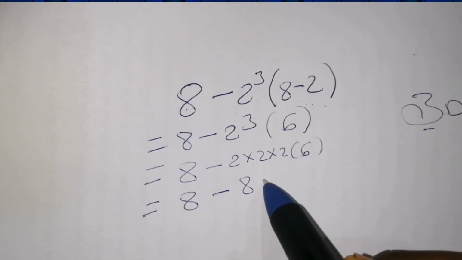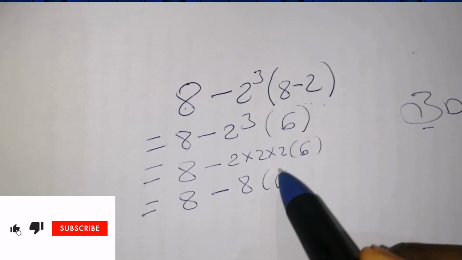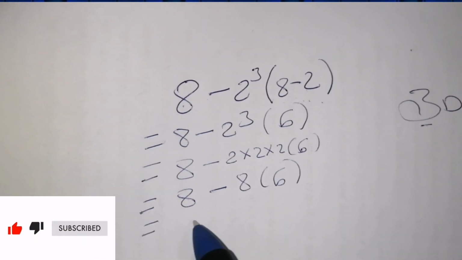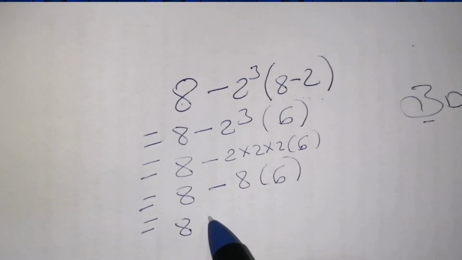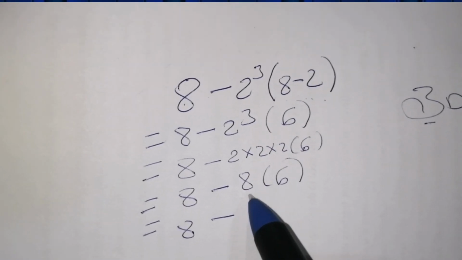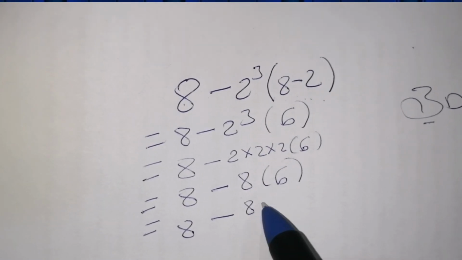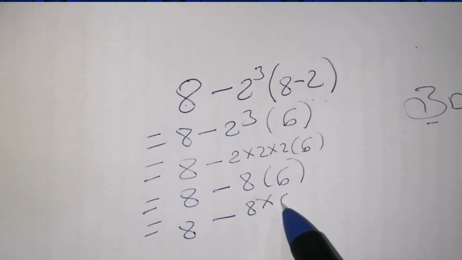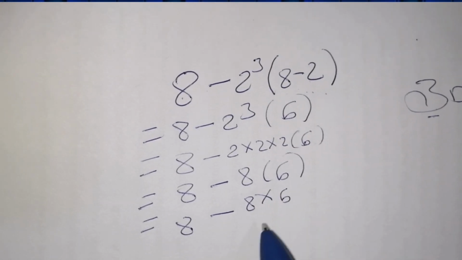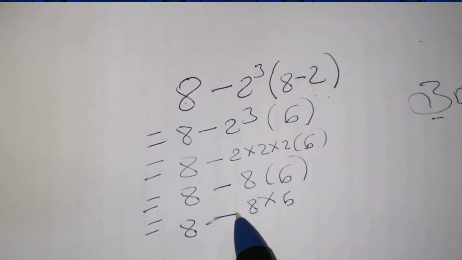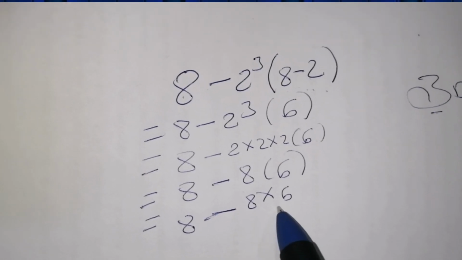So we have 8 minus 8 times 6, where 8 is the value of 2 cubed and 6 is the bracket. Here is subtraction and multiplication.